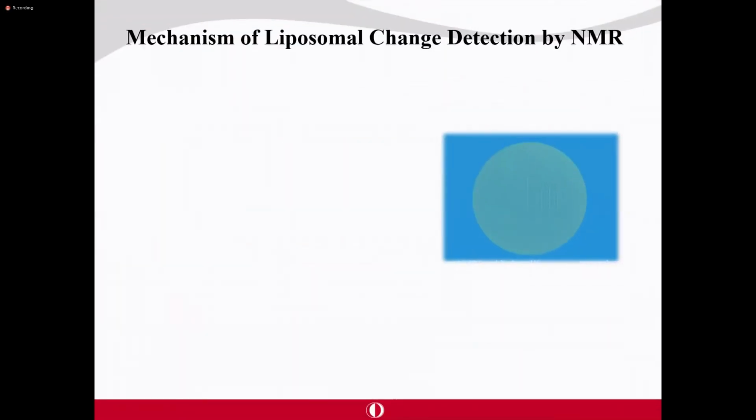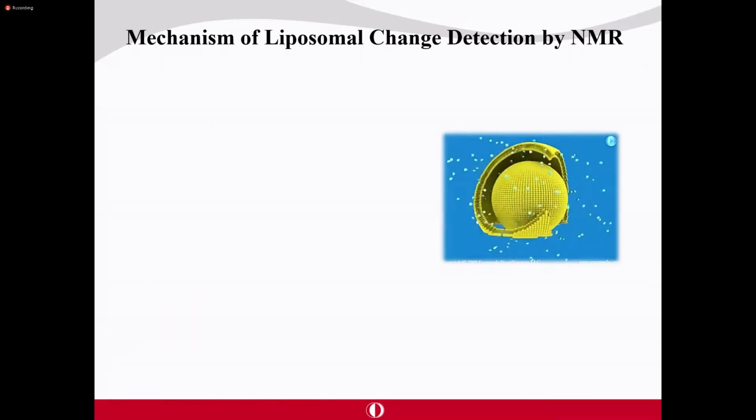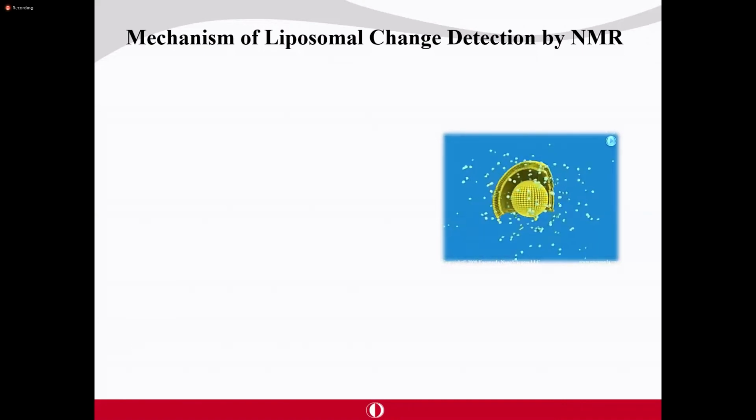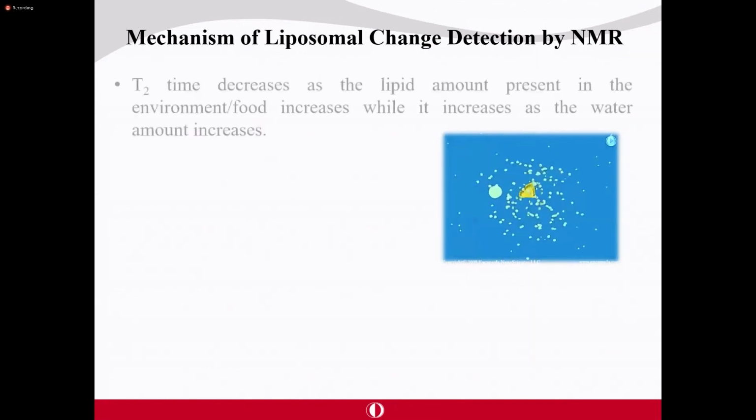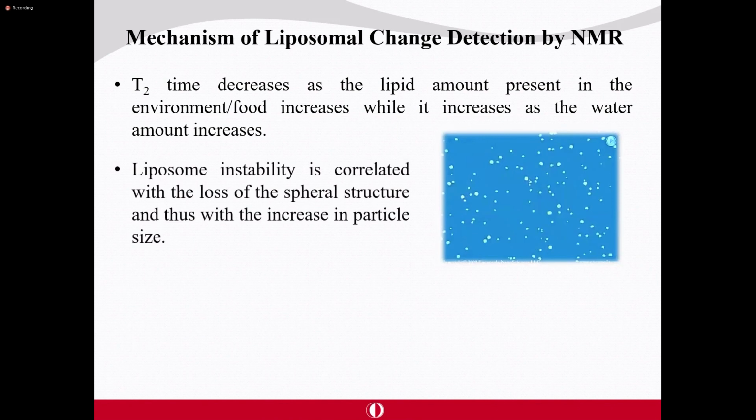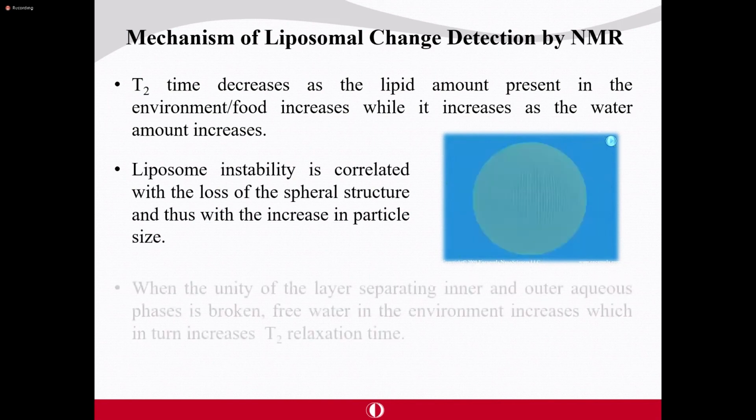For instance, here you see a liposome being destroyed, and the mechanism of the lipid chains in the liposomes has been detected by NMR relaxometry measurements, which means T2 measurements, because depending on the free water content in these liposomes and capsules, T2 relaxation times change.